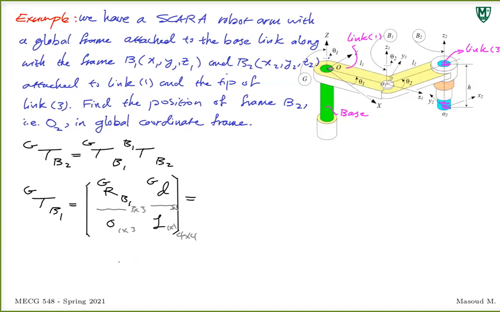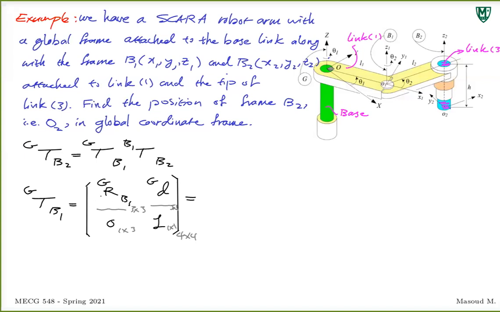Well, B1 rotates about the z-axis. Exactly. So this is what we're looking for, R B1G, meaning how B1 rotates, and B1 is attached to link 1. So you can think about how link 1 rotates around G, the global coordinate frame. It's just a rotation around the z-axis, and G is fixed.